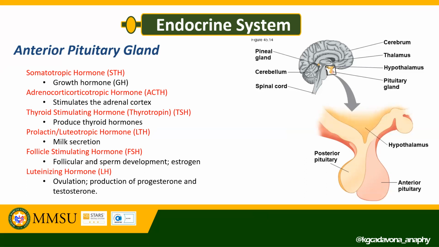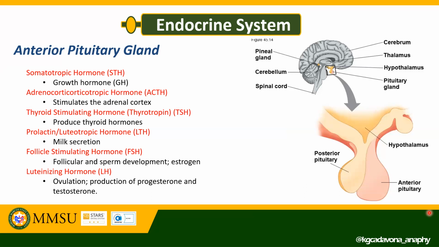Basta tatandaan, pag TSH, it stimulates the thyroid gland to release thyroid hormones. Also, we have the prolactin, or the luteotropic hormone, or LTH. So si prolactin, ang pinaka main function niya ay ini-stimulate niya yung milk production as well as milk secretion sa mammary gland ng animal.